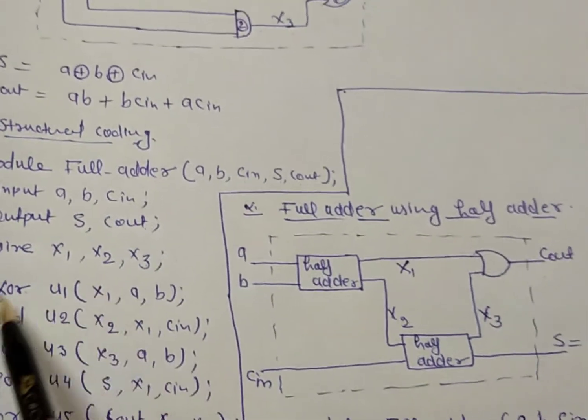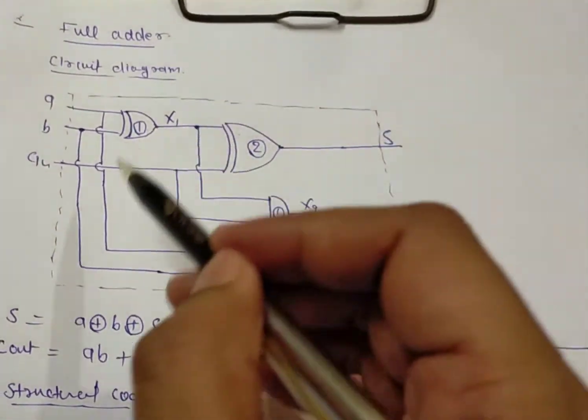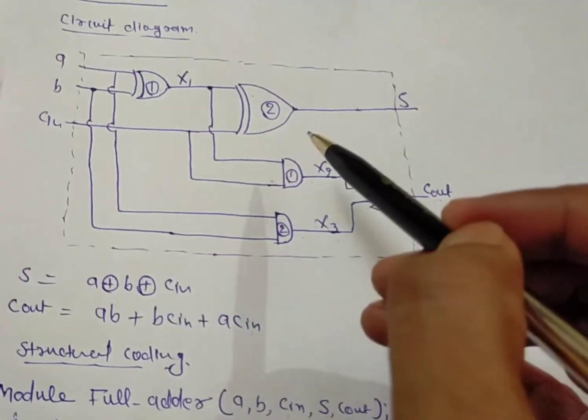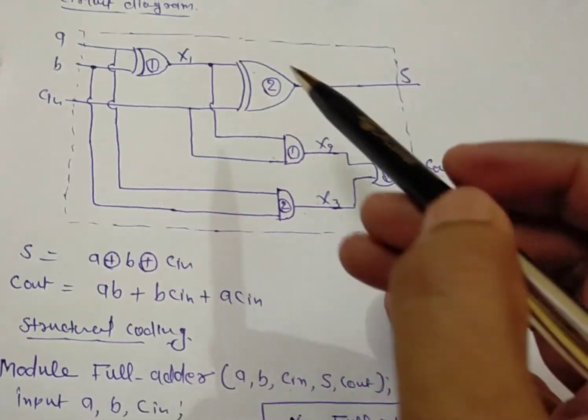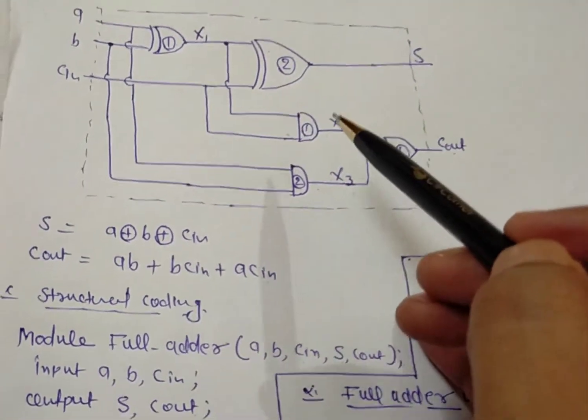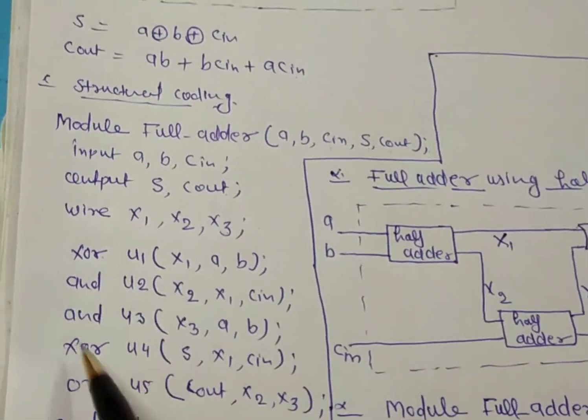Then in structural coding, first we check the circuit diagram and how many gates are used. In this circuit diagram there are two XOR gates, two AND gates and one OR gate. All the gates we write in this form.